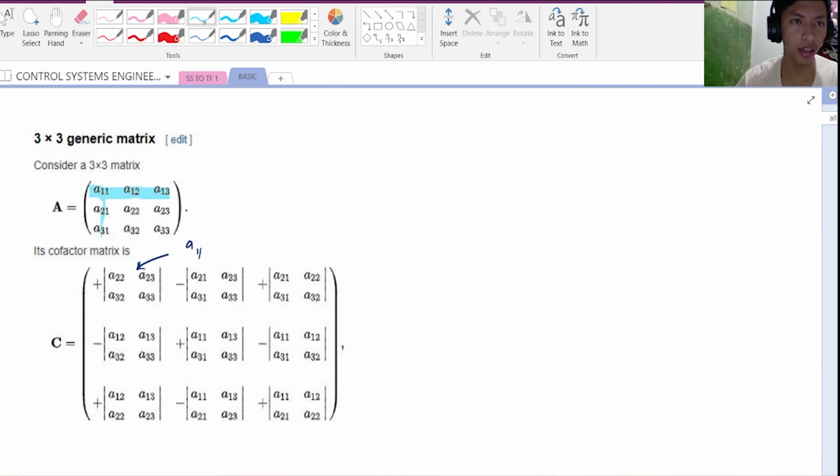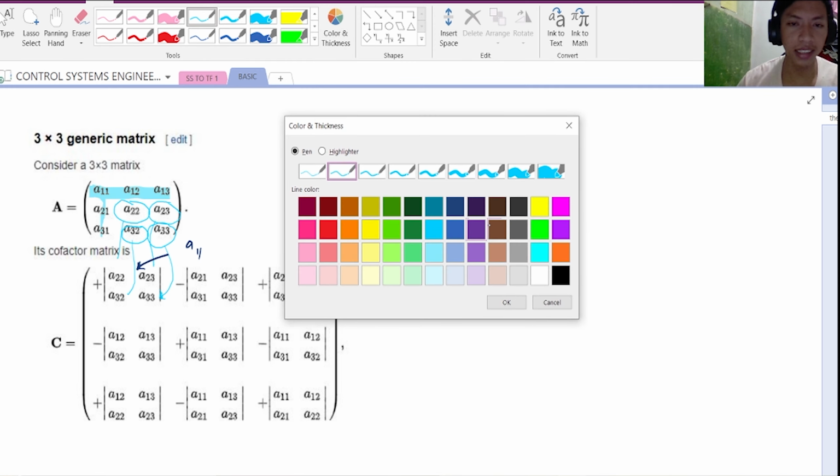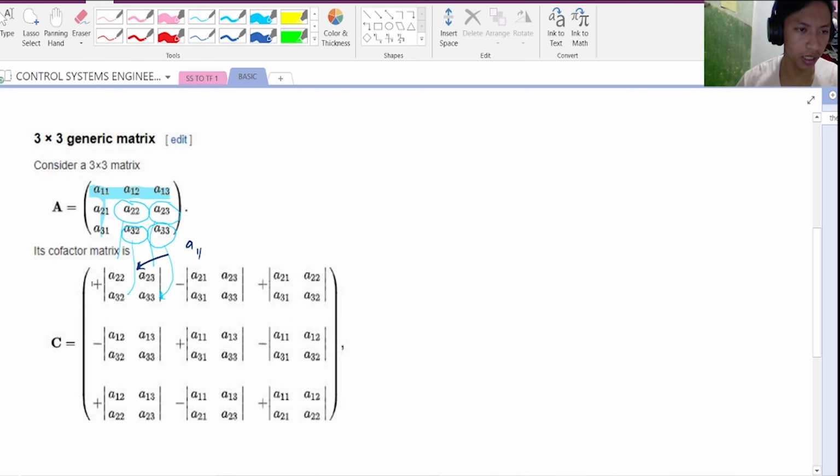And then we have to pick this one, A22 for this one, A23 for this one, A32 for this one. And then the last step that we should not forget, this is one of the most critical, would be this step. Okay?